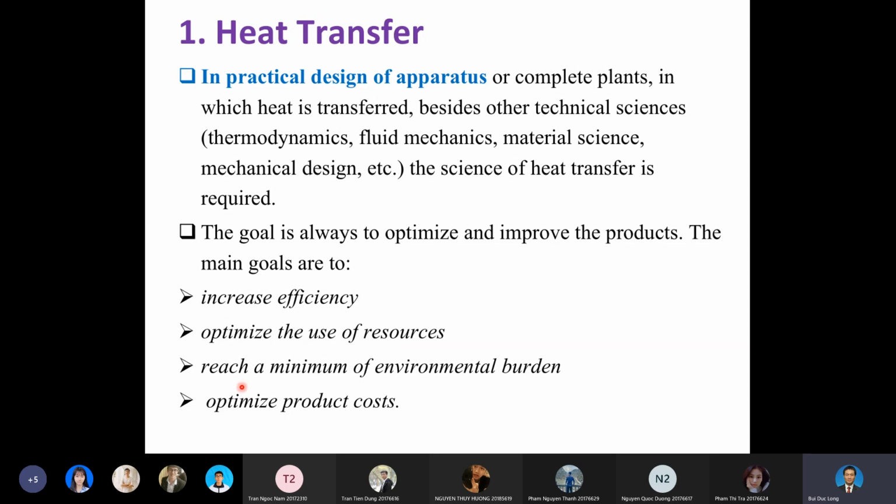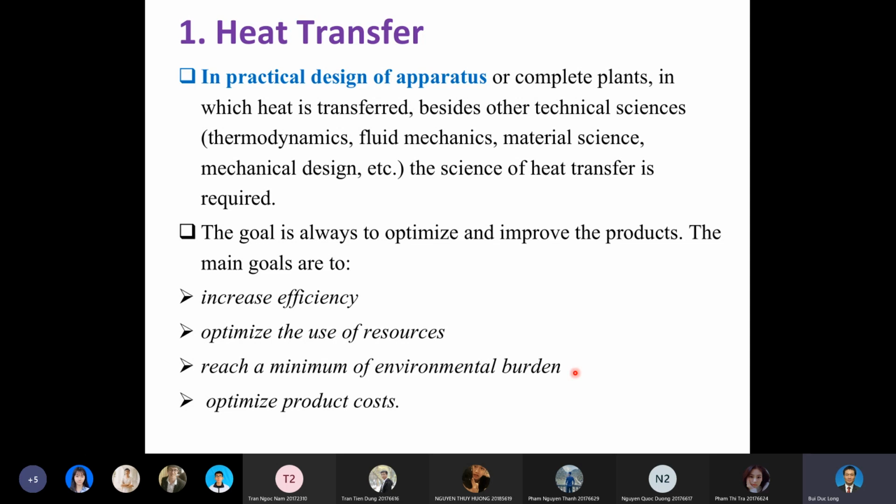We also need to minimize the environmental burden. As you know now, we have an environmental problem, right? A lot of gases are emitted after burning, CO2, carbon dioxide, right?